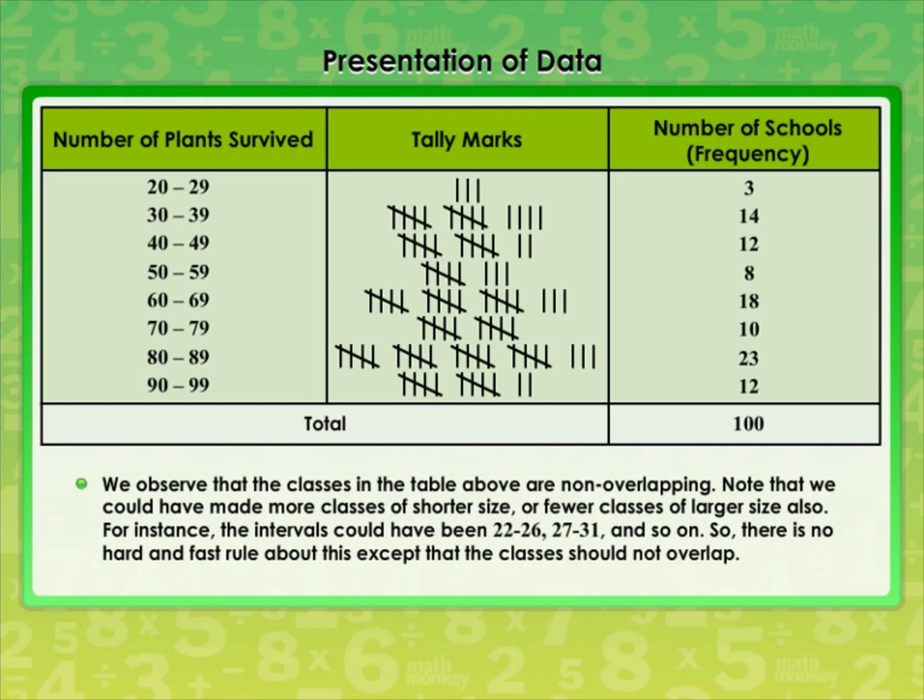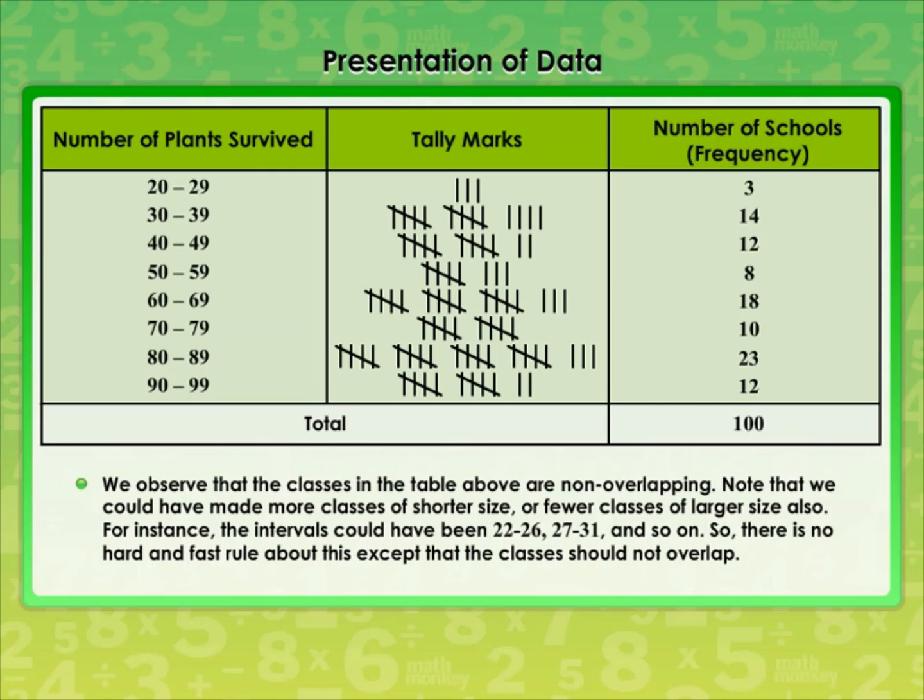Presenting data in this form simplifies and condenses data and enables us to observe certain important features at a glance. This is called a grouped frequency distribution table. Here we can easily observe that 50% or more plants survived in 8 plus 18 plus 10 plus 23 plus 12, which is equal to 71 schools.